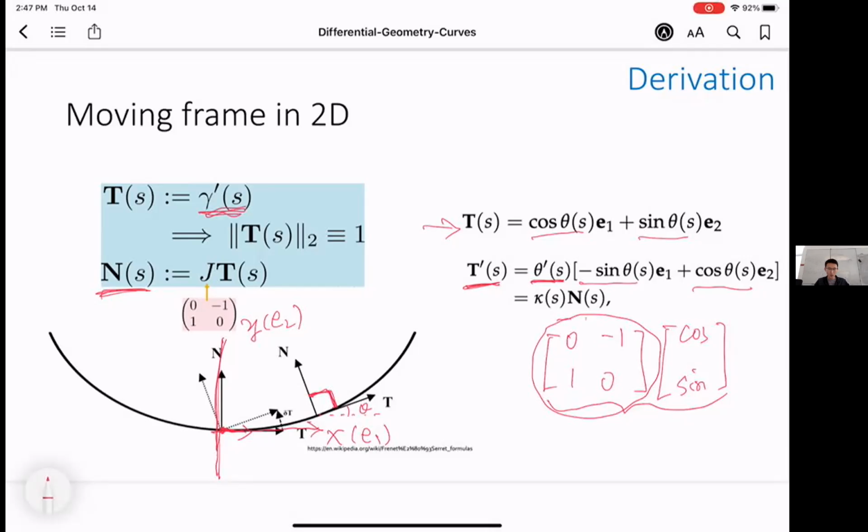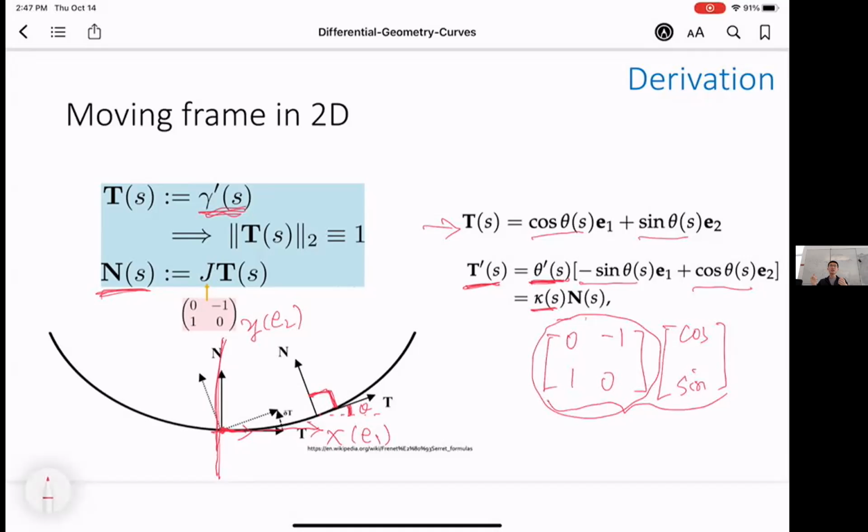Okay, so another way to think about a normal vector is that we have the tangent direction, and we just want to know what is the orthogonal direction. So that's our normal vector. And then for this extra term, theta prime of s, we call it curvature, k(s), and we write it here. So the way to think about the curvature is the change of your angle theta with respect to your parameter s.